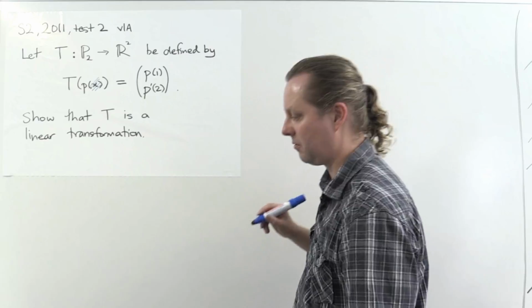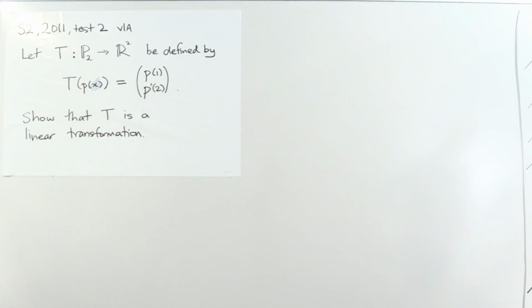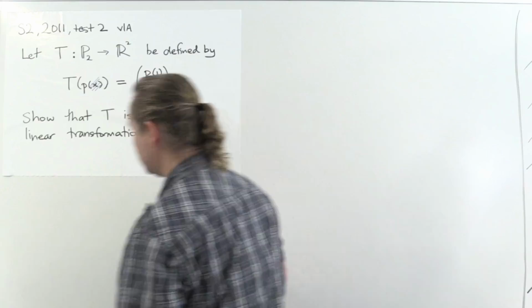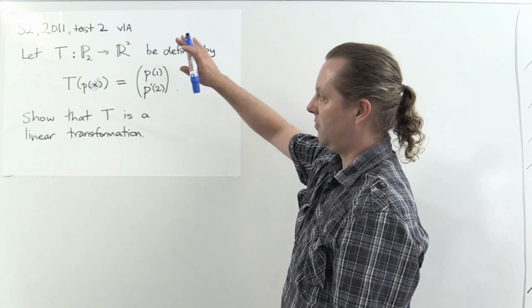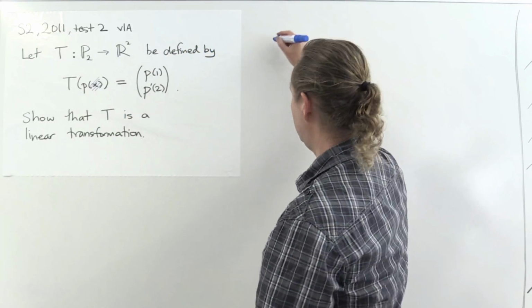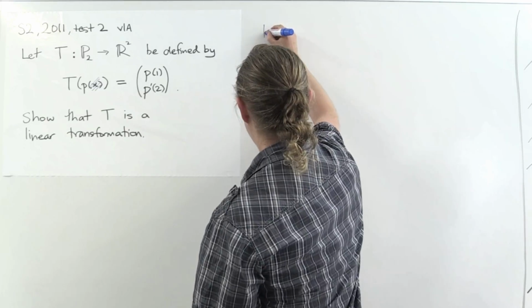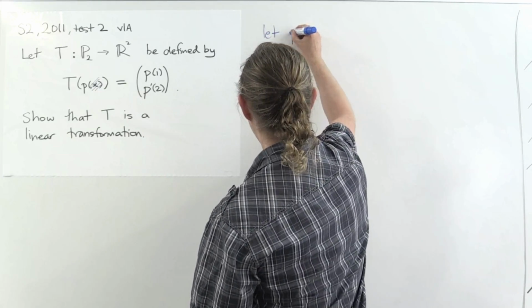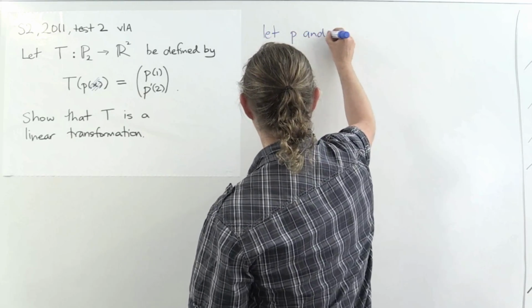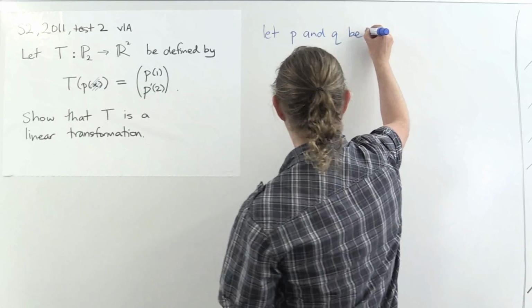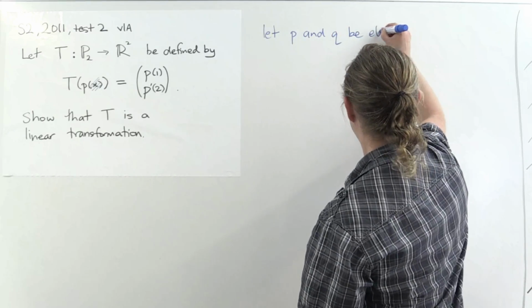And so what do I want to do? I've got to do two things. So let's first of all do the vector addition one first. So let P and Q be elements of P2.